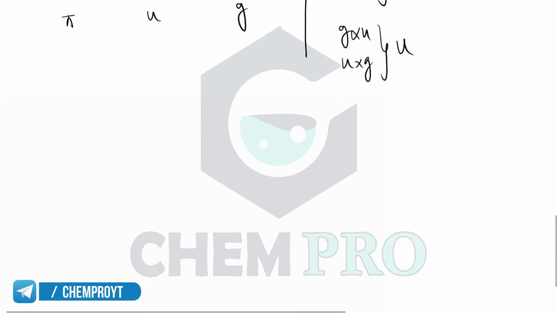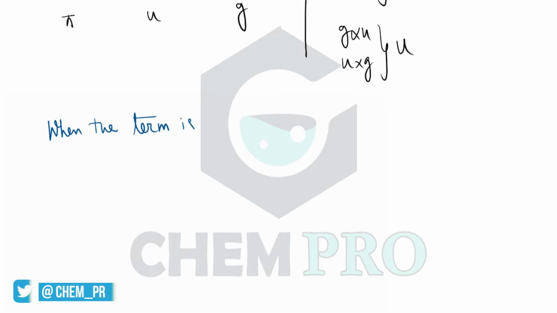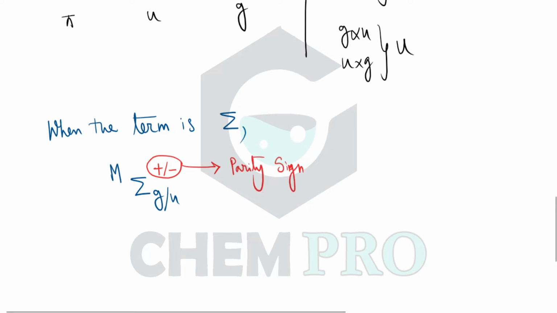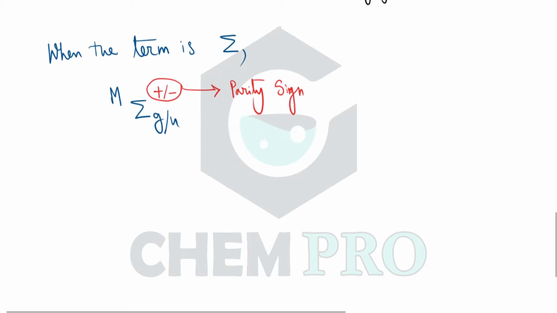But there are some extra points when the term is sigma. For that it will be like M sigma G or U, but additionally there is a plus or minus. This plus or minus is from the parity sign. So how can we find the plus or minus?